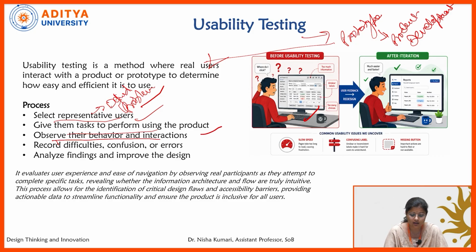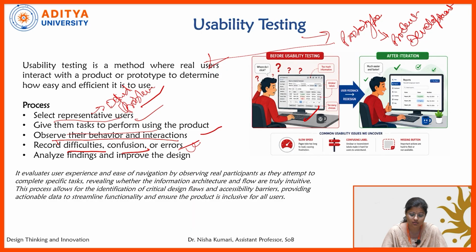We observe their behavior and interaction while they are using the product or the service, whether they are facing any problem or not. Based on their experiences, we record the difficulties, any confusion they faced, or any errors they faced while using our product.